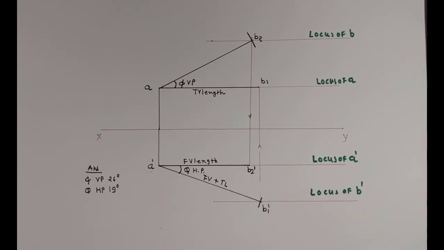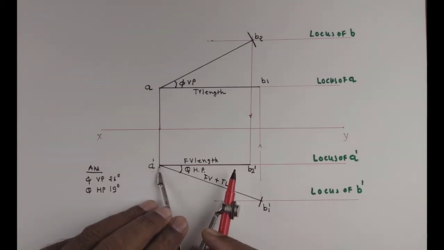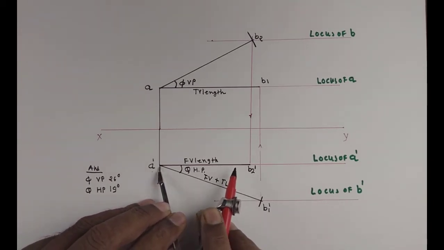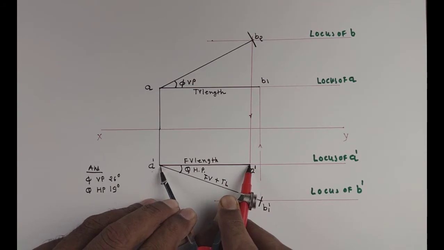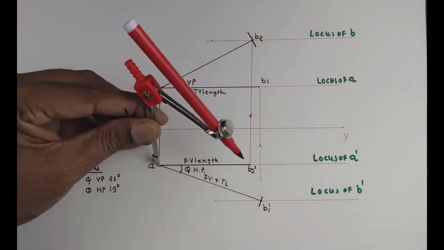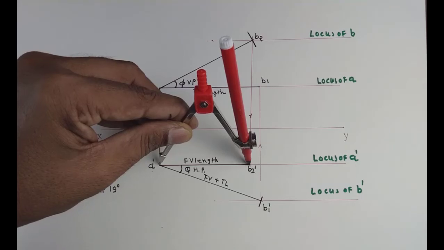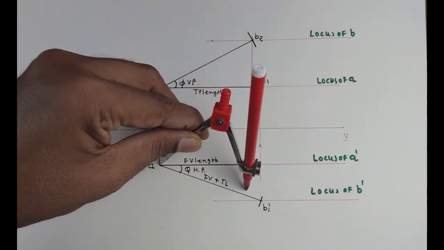Now the next step is for actual elevation and actual top view. So for actual elevation, I take the radius A dash to B2 dash, the front view length, and you rotate your front view length toward the locus of B dash.